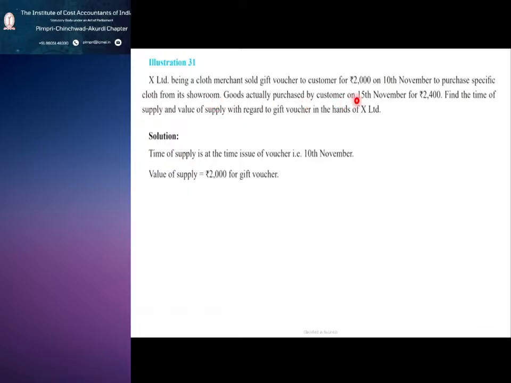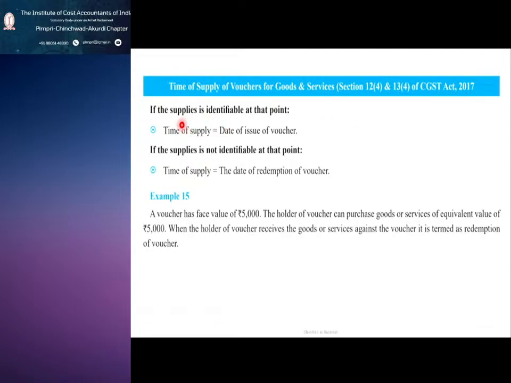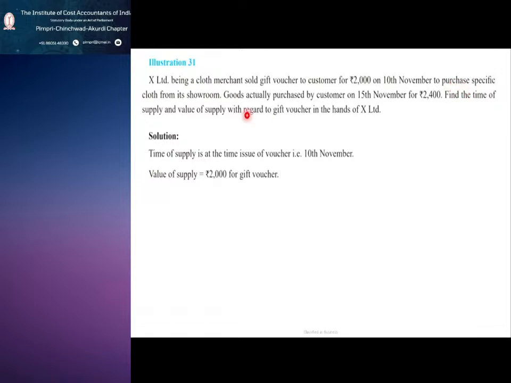Goods were actually purchased by the customer on 15th November for 2,400. So what is the time of supply? Because it is identifiable at that point, purchase of specific cloth, he is not going to use it for other purchases, only the specific purchase. So it is 10th November and the gift voucher is 2,000. So the value of supply is 2,000.